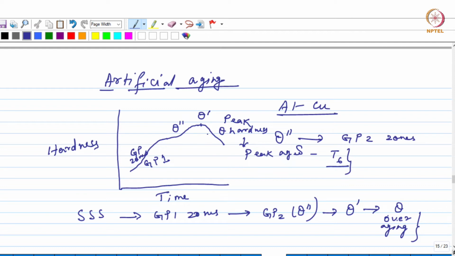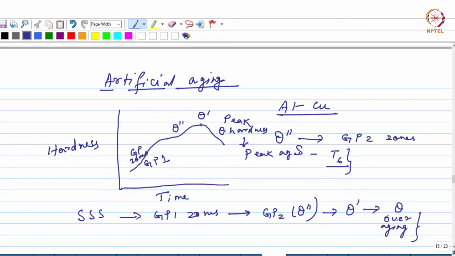Okay, so this is because the coherency is lost. The theta prime precipitates which formed are coherent with the matrix, and because of that we have seen that coherency strains are generated, and that is what is responsible for the increment in the hardness and the strength.